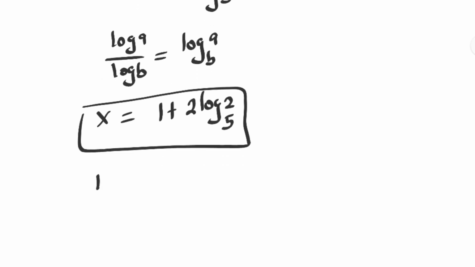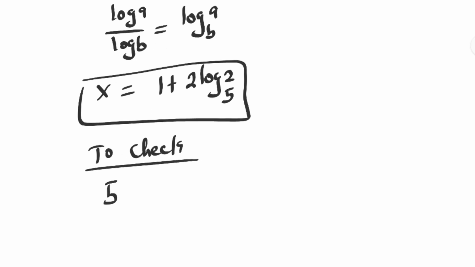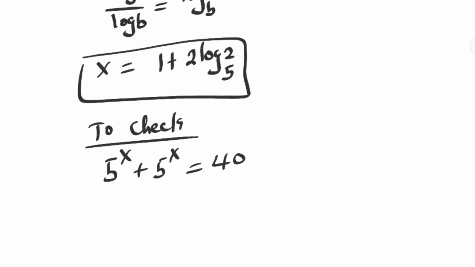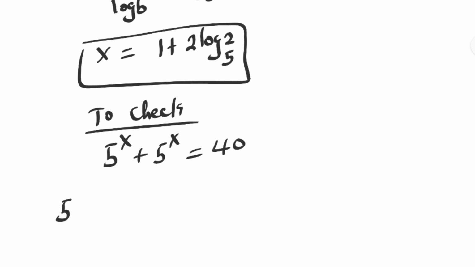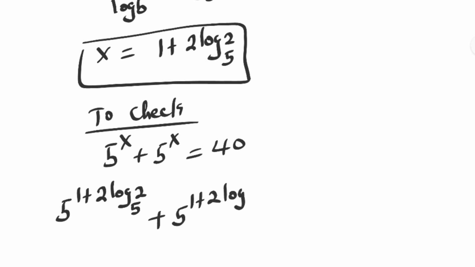To check, we have the given equation 5 raised to power x plus 5 raised to power x is equal to 40. Then this is 5 raised to power 1 plus 2 log 2 base 5, plus 5 raised to power 1 plus 2 log 2 base 5, must be equal to 40.